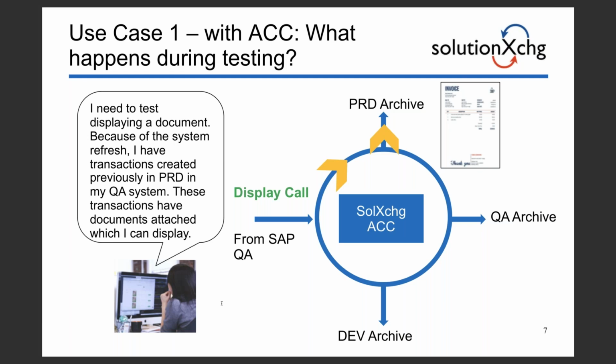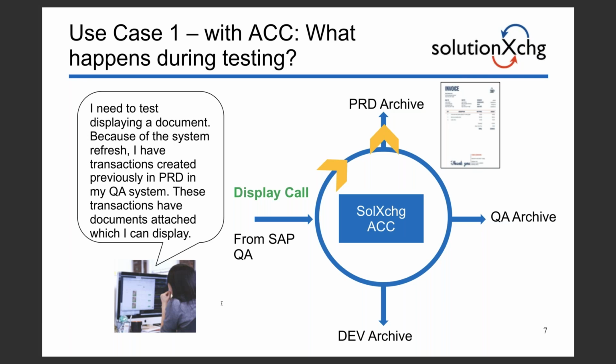Now, that would usually result in a 404 because the document in the classic setup is not reachable from a QA archive. But here, in our scenario where we add the SolutionXchg ACC, the call is rerouted and first probed against the production archive.